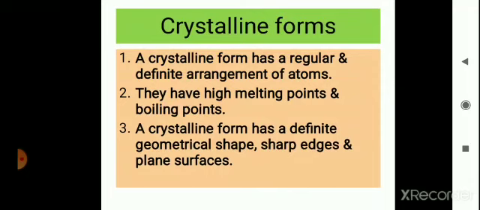What are the properties of a crystalline form? A crystalline form has a regular and definite arrangement of atoms. They have high melting points and boiling points, and a crystalline form has a definite geometrical shape, sharp edges and plane surfaces.